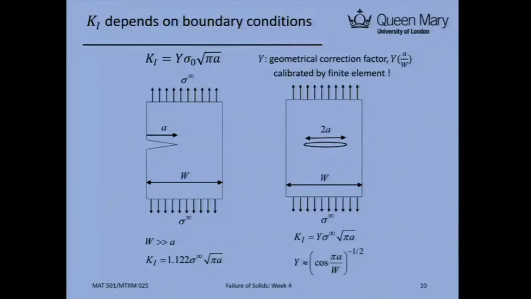But in some cases, like for this case, 1.122, and for this case, you can say just equal to 1. Just to give you the idea, if you see a Y in front of here, that's just a constant, which people will give you from other calculations, like finite elements.